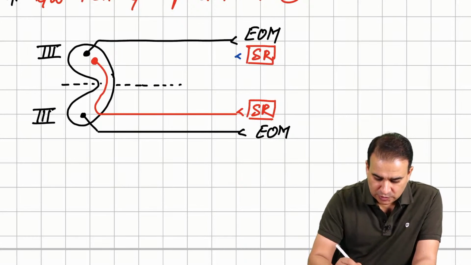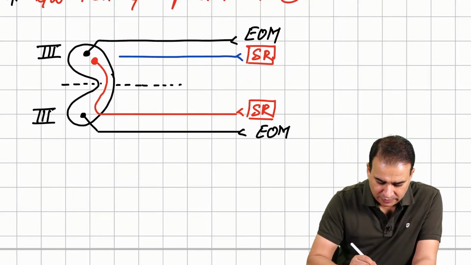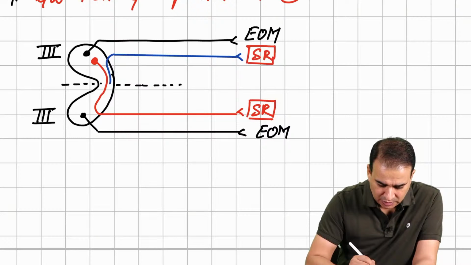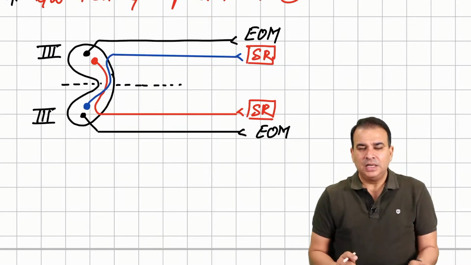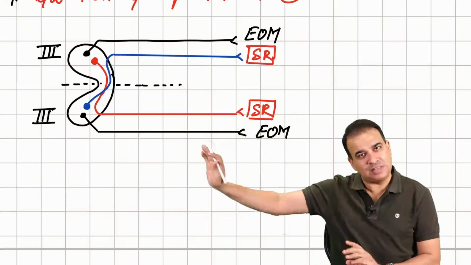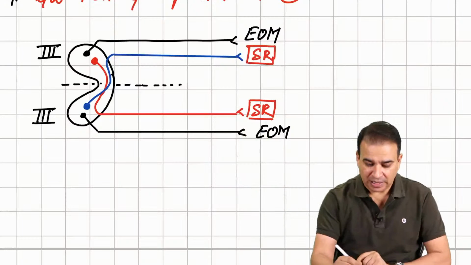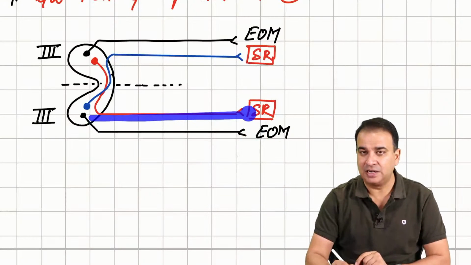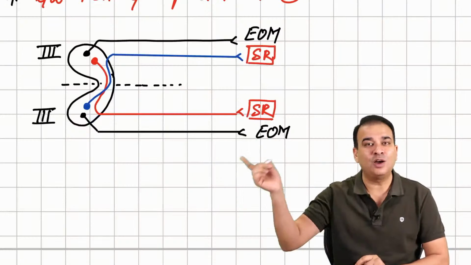If I do it this way also, superior rectus is supplied by the nerve, fine, but if I trace the nerve back, the nucleus is present on the contralateral side. So it is not wrong to say that superior rectus is supplied by the third nerve of the same side only. The nerve is of the same side. If I trace the nerve from here to here, it is the same side nerve, but the nucleus is on the contralateral side.